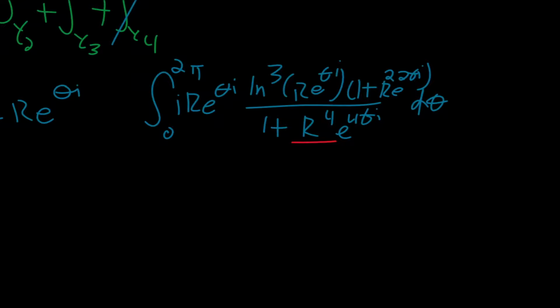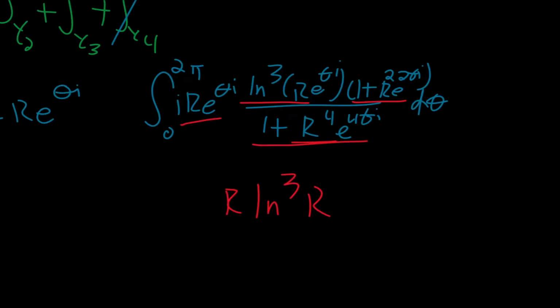And similarly, whenever we let r go to 0, in the terms with the 1 plus, that is just going to give us like a 1 over 1 effectively, leaving us just with the terms of r, but then also natural log to the third of r. So r natural log to the third of r, something along the lines of that.